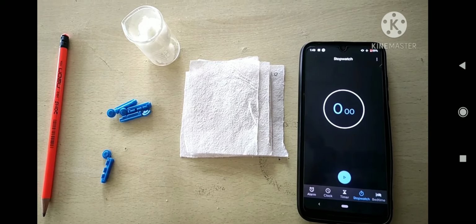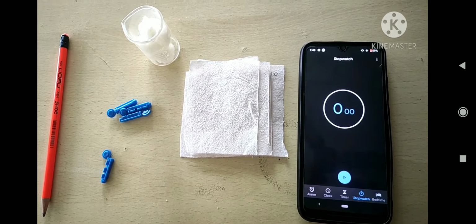After that, we'll prick this finger and I will immediately put a spot at the 0-second mark. After that, at every 30-second interval I will make a spot on the next mark, and I will count the time up to which the spots keep coming. So when I put the 0 mark spot, I will immediately start the stopwatch.